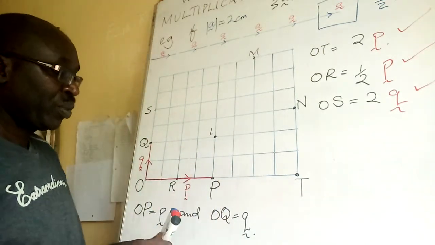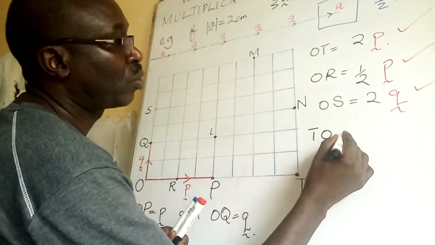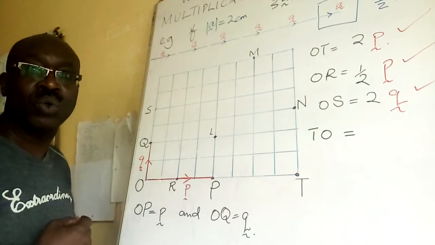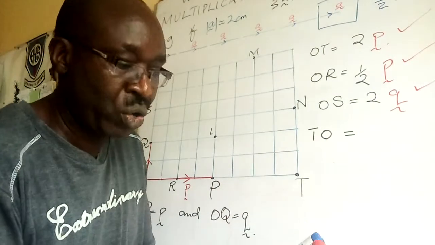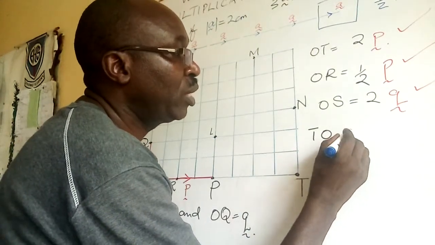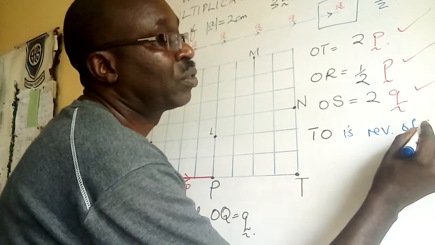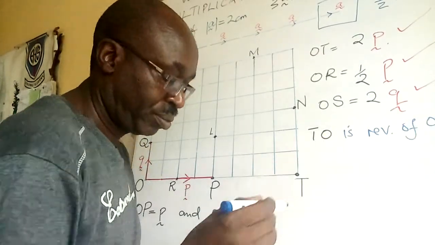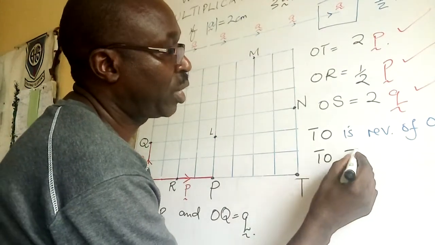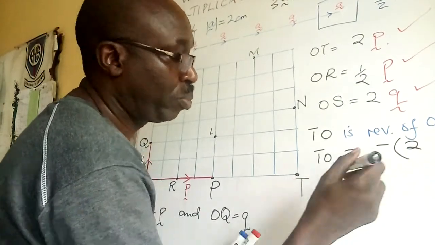For example, if I ask you now, what is TO? TO is reverse of OT. What is OT? 2P.